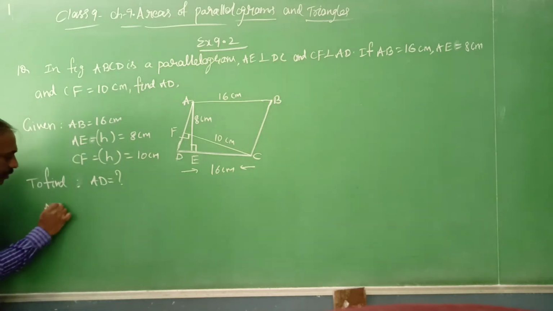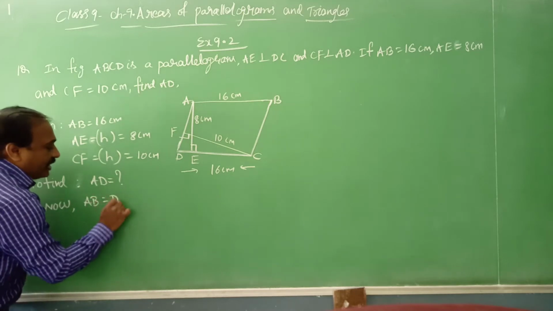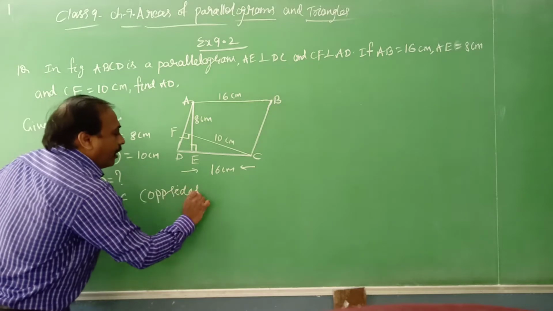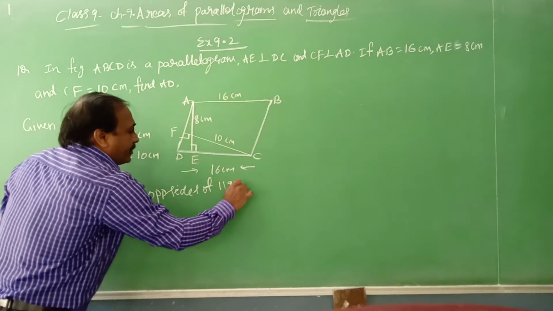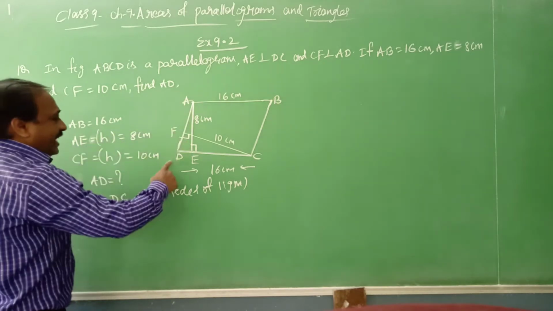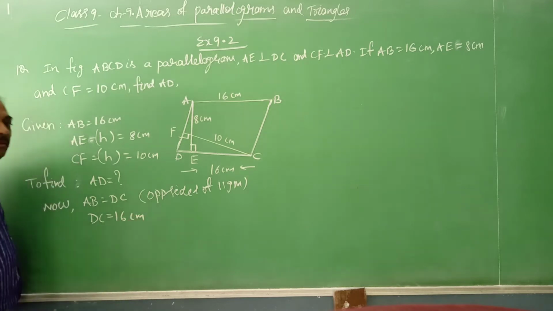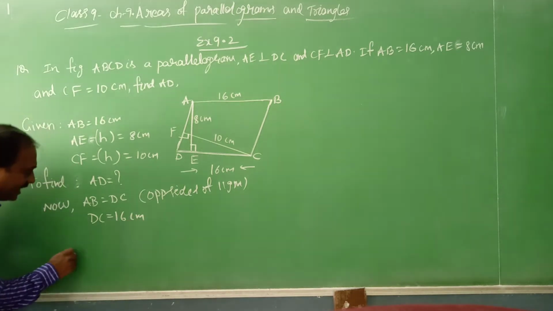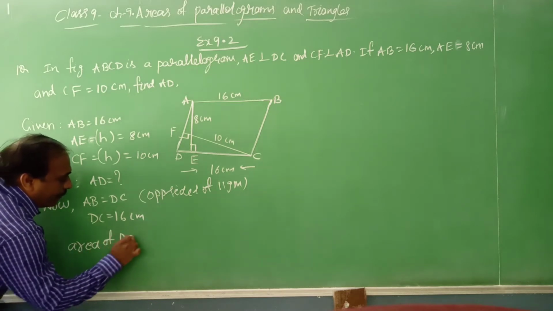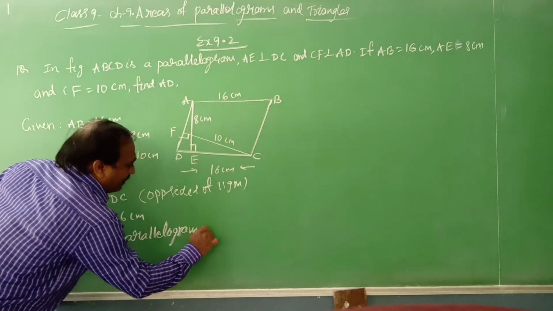Now AB is equal to DC. They are opposite sides of a parallelogram. That means AB length is 16, so DC also will be equal to 16 centimeters. Now the area of the parallelogram. What is the formula for the area of a parallelogram?